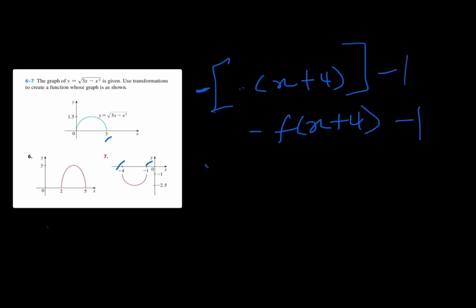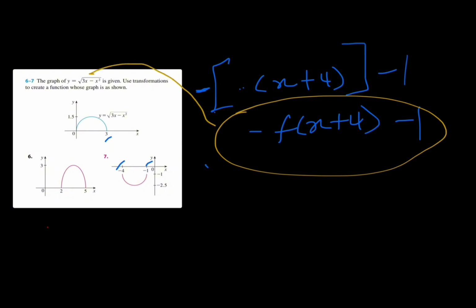We have to transform this function so that it can satisfy this. So what we are saying is that we will negate all of this, subtract 1 from the final answer, and replace x with x plus 4. So negate it, replace x with x plus 4, and subtract 1 from the answer.